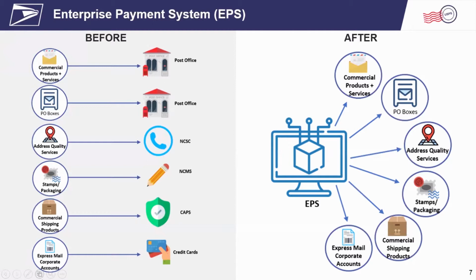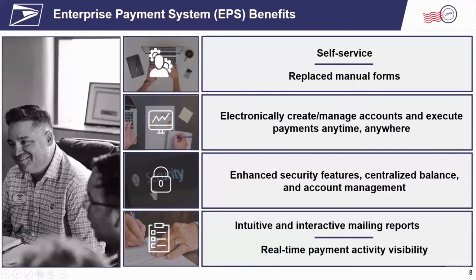You can see each single payment account is paid for individually, either at a post office, over the phone, or through written correspondence. On the right side of the screen, you can see EPS is one consolidated place to go to pay for your products and services, including what I covered before: express mail account, shipping, commercial shipping products, or just some of the few that you can pay for in EPS.